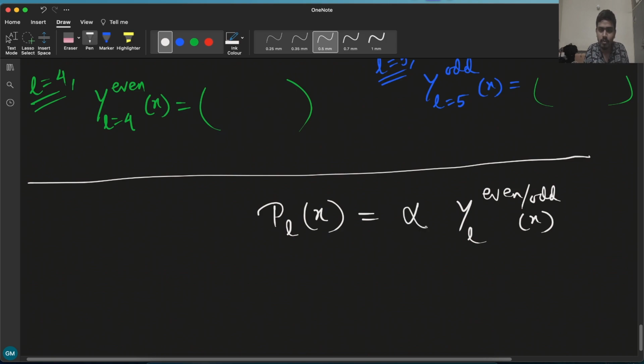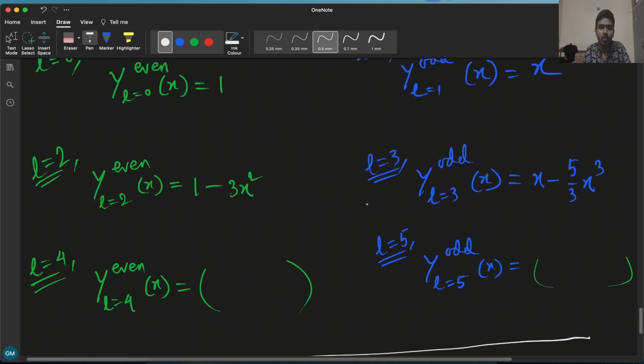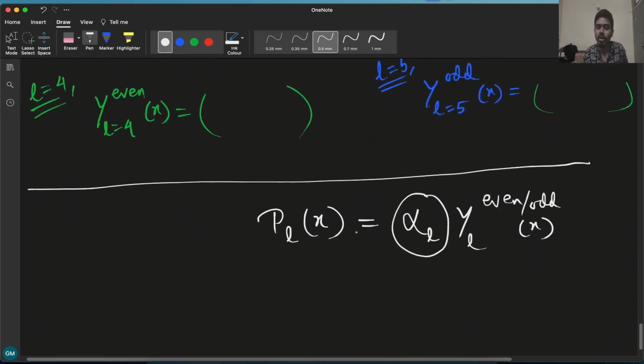Let me call it alpha L. This normalization factor is present because of some special kind of normalization in these Legendre polynomials P_L. They require a special kind of normalization, and for that we need to multiply with some scalar factor with these derived polynomials to get the Legendre polynomial.